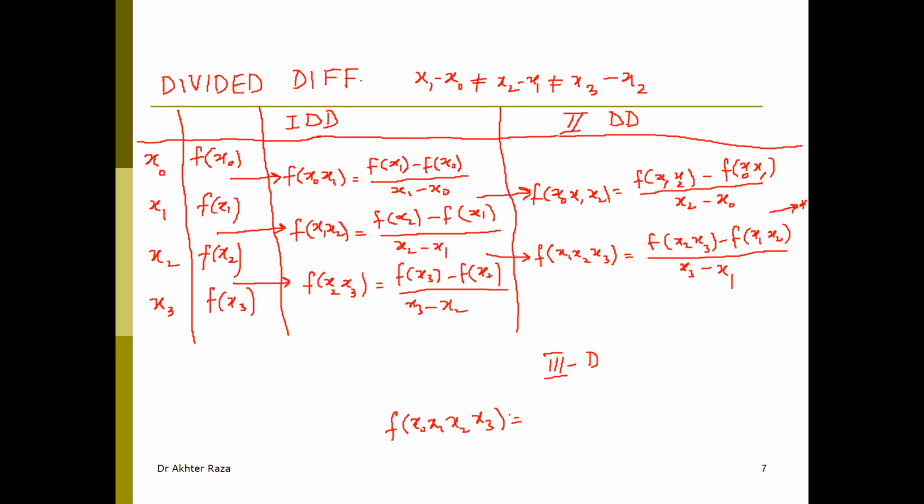This is equal to f x1, x2, x3 minus f x naught, x1, x2 divided by x3 minus x naught. So this is the construction of divided differences.